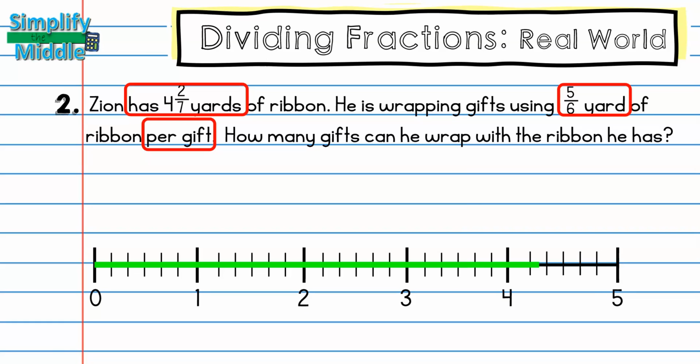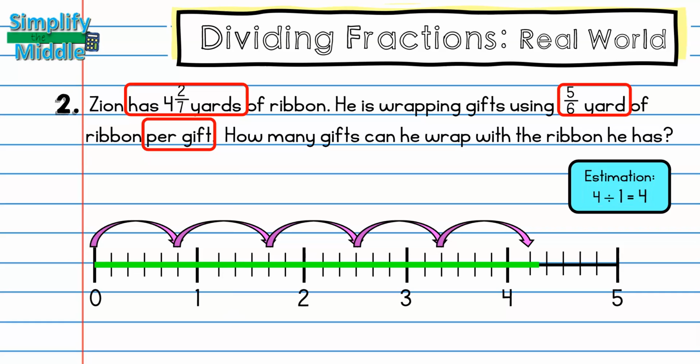So I'm going to draw an arrow that represents 1 gift, 2 gifts, 3 gifts, 4 gifts. And does he have enough for that 5th gift? I'm not sure, but I'm going to say my estimation is going to be close to about 4 or 5, because 4 divided by 1 is 4.